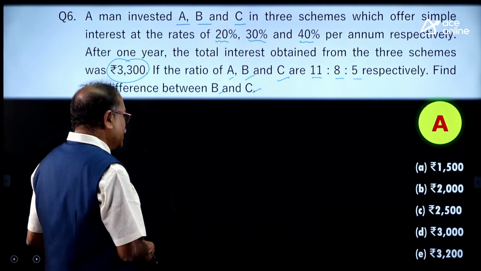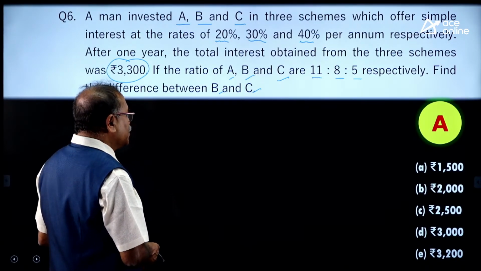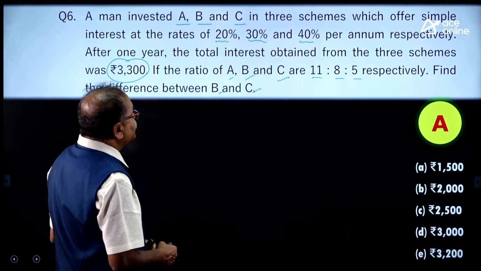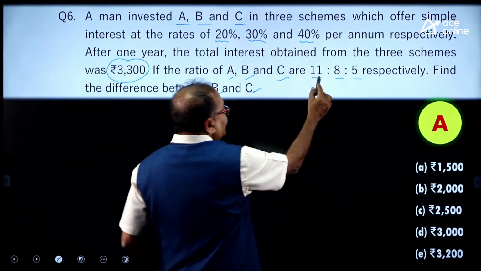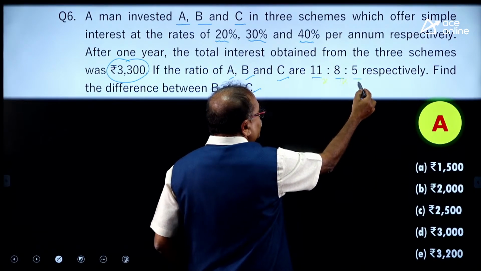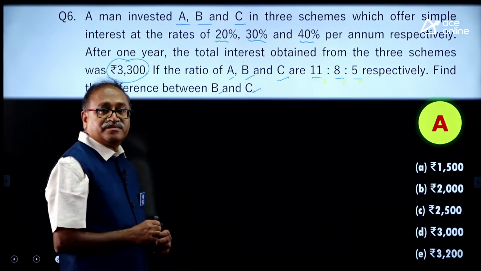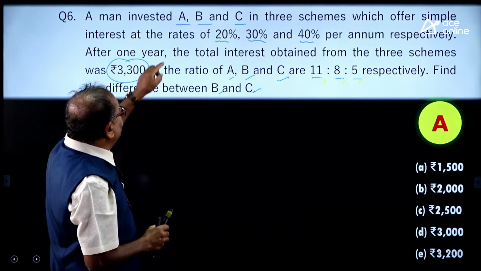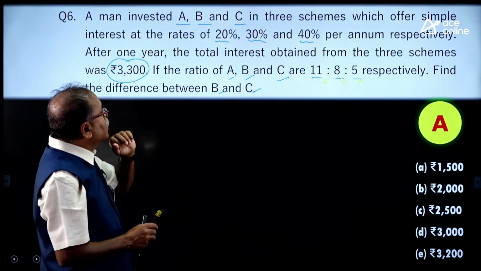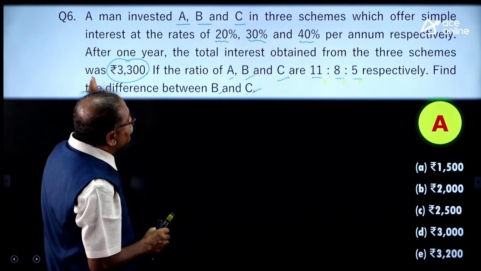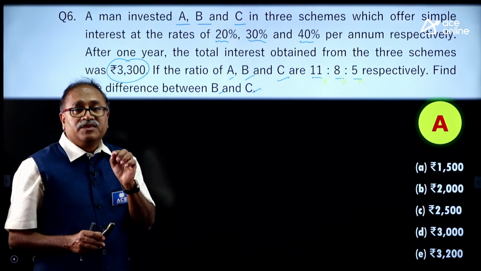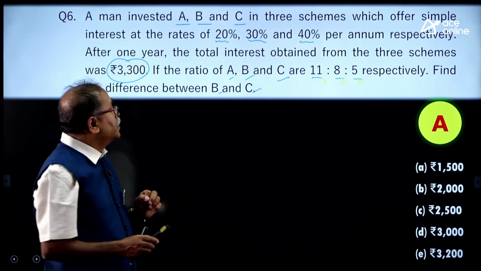Okay, my friends. What is the best way to answer this question? Here it is, I will consider this as 11x. A is 11x, B is 8x and C is 5x. Now, in case of A, you have an interest of 20% and the total interest is given to you, that is 3300.